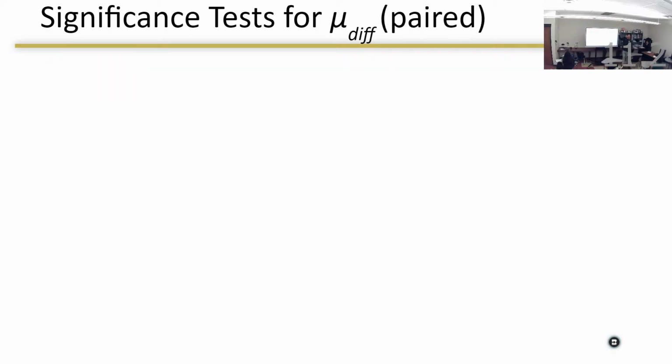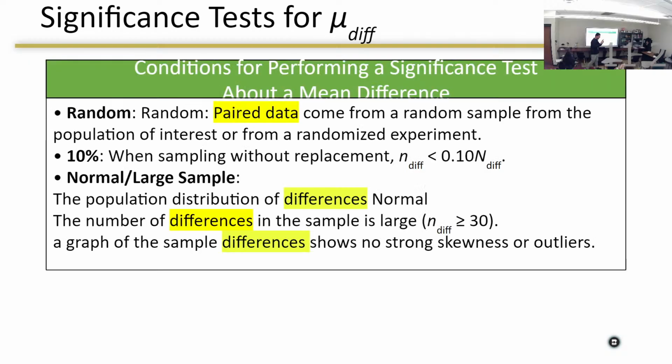Paired. This one's the one that's going to get you. To me, this is one of the hardest things to catch: paired data versus two-sample data. The biggest thing is it's not independent.